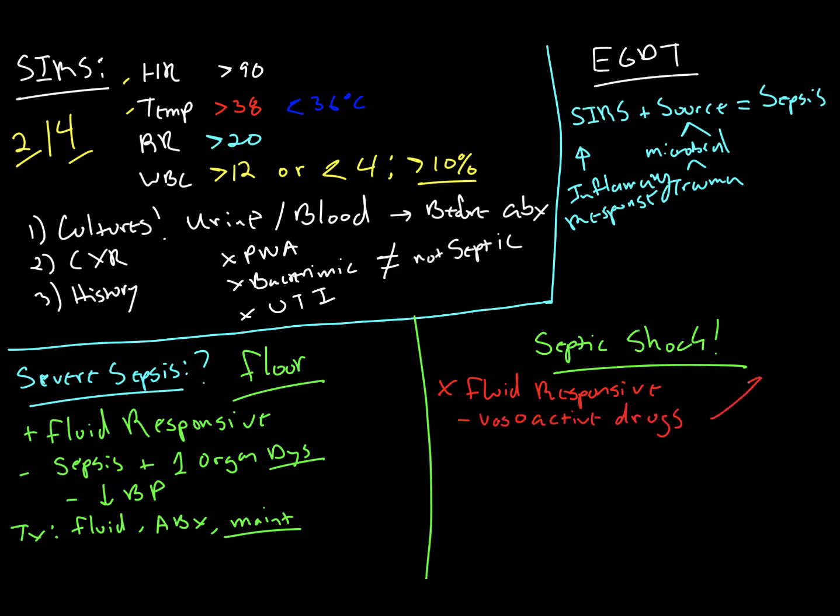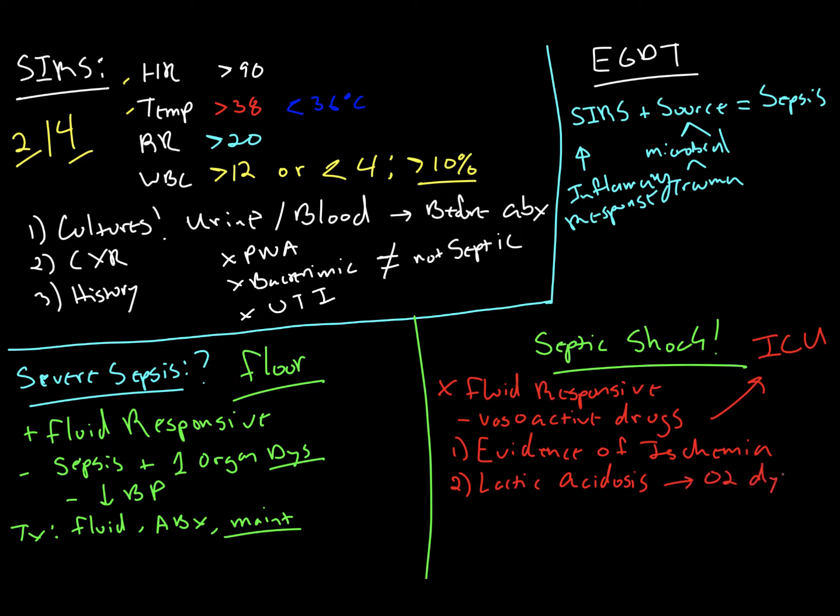And this means they're going to be in the ICU, right? They also have evidence of ischemia and maybe a lactic acidosis. And that means that our mitochondria are not utilizing our oxygen very well. O2 dysfunction. So generally, we're going to see a multi-organ failure state. These people are going to go to the ICU, and hopefully we can help them out.